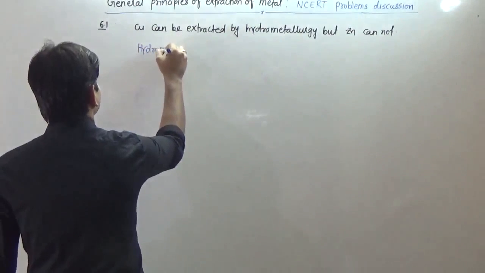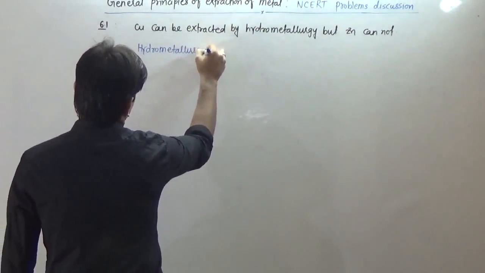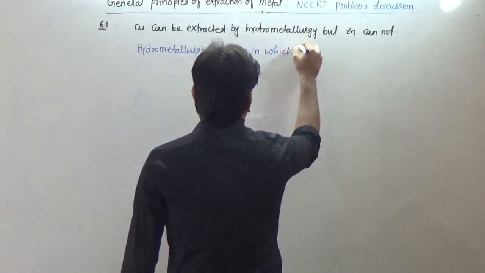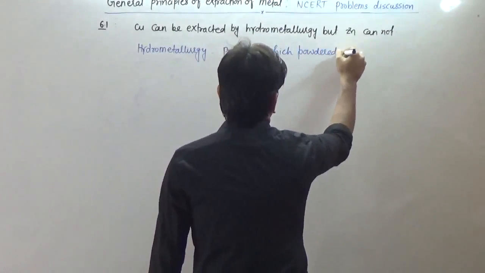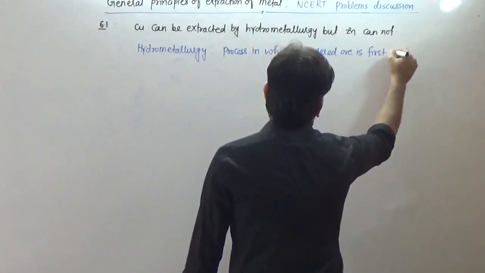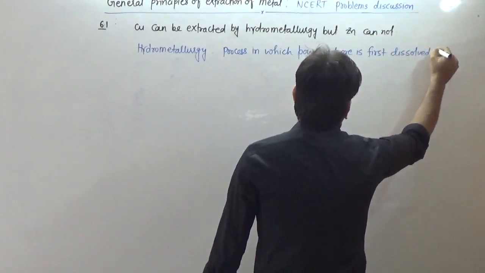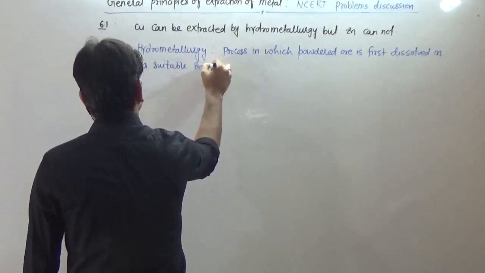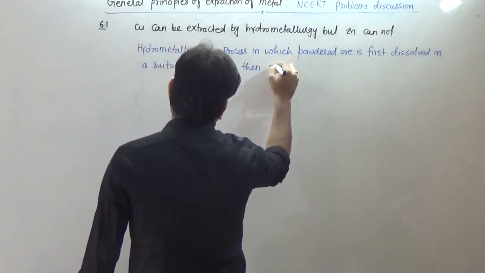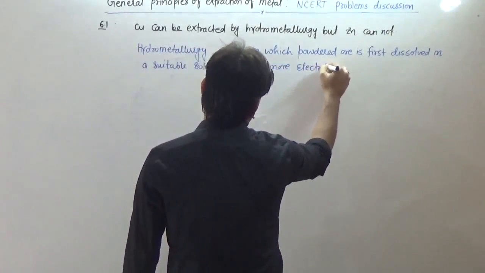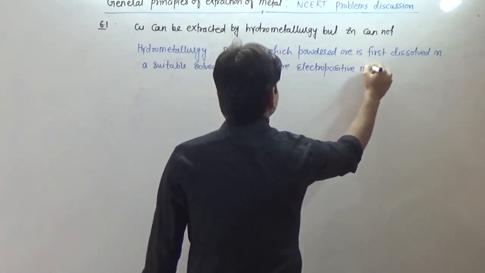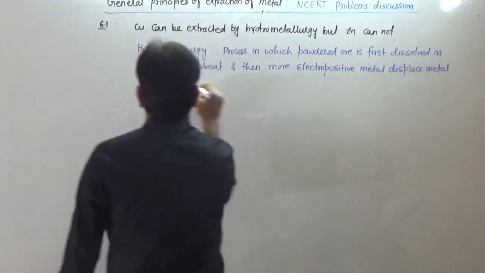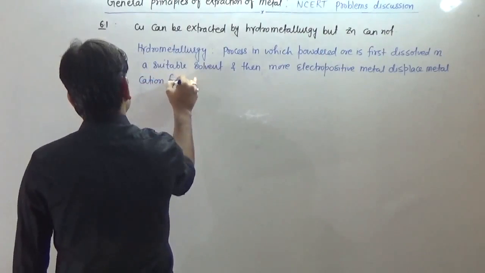Hydrometallurgy is a process in which powdered ore is first dissolved in a suitable solvent, and then a more electropositive metal displaces the metal cation from its salt.